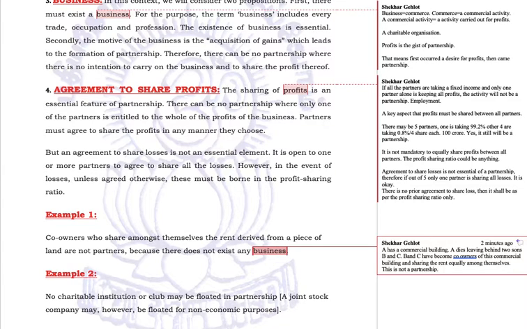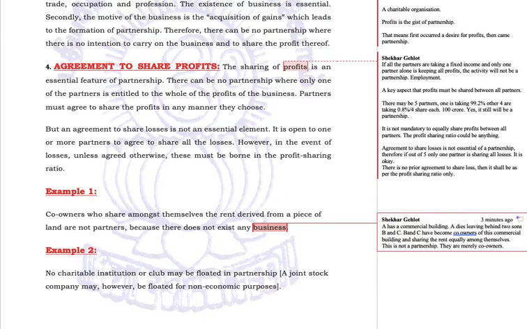Now they are just sharing the rents. We cannot say they are carrying on an activity here with the intention to share profits. It is merely a status that they are sons of the person who had ownership over this particular building. They are merely co-owners or joint owners and nothing else. This will not be a partnership.